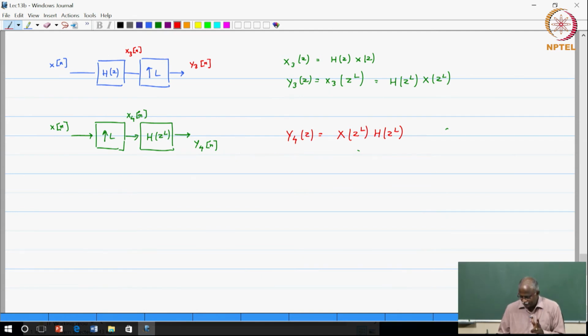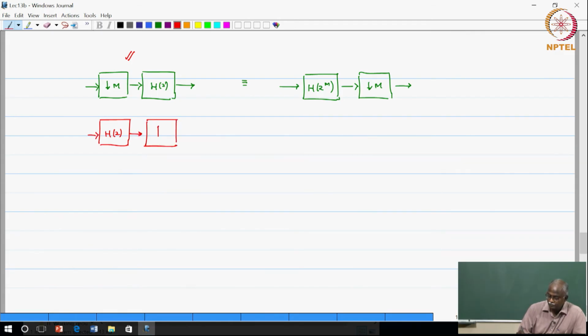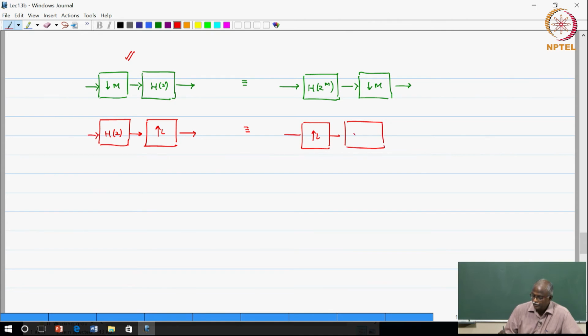Let us capture that information in our result, which says that if I have a filter h of z followed by an upsampler, this is identically equal to an operation where I have upsampling by a factor of L followed by h of z power L. These are exactly equivalent, and of course, going back to our basic premise, upsampling introduces a lot of zero valued samples, so it is better to do the processing before you do the upsampling.